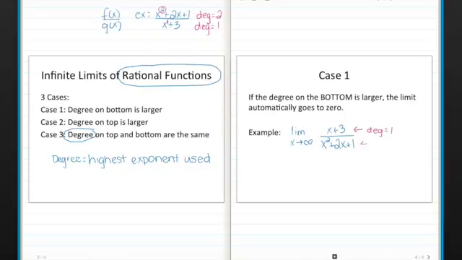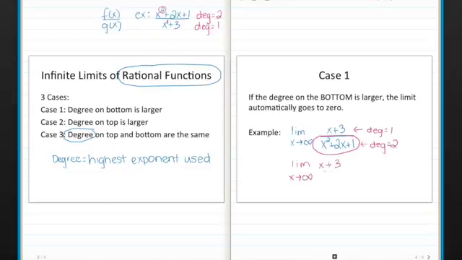The degree on top would be 1, just like we determined a few moments ago. And the degree on bottom would be 2. That means the degree on bottom is larger. So without doing any mathematics whatsoever, we can determine that this limit approaches 0.